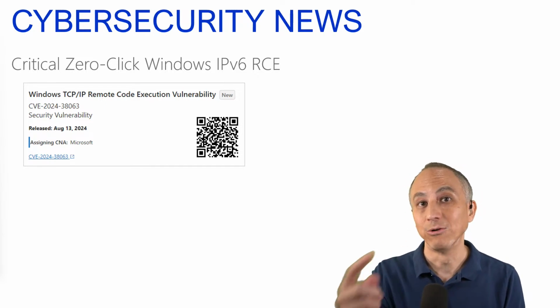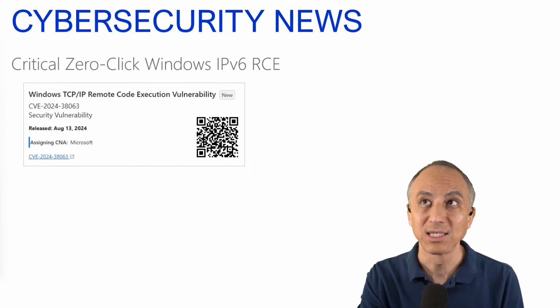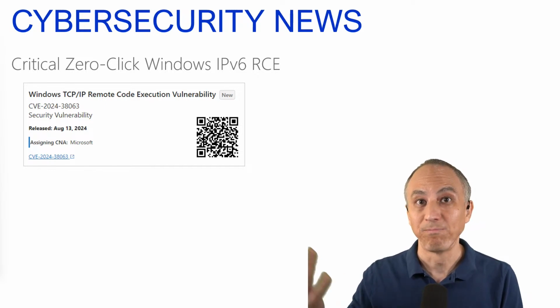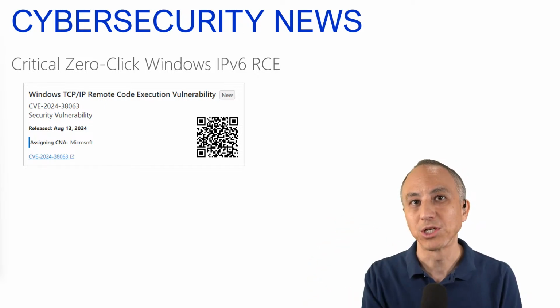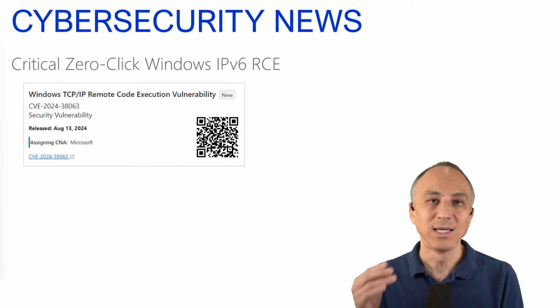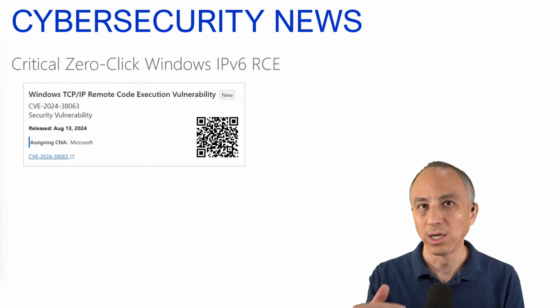If you can't update your Windows machines, the recommendation is to completely disable IPv6. And that recommendation has actually been standard among cybersecurity practitioners who are in the trenches for years. They've always said, disable IPv6. It is an attack surface that you don't understand.